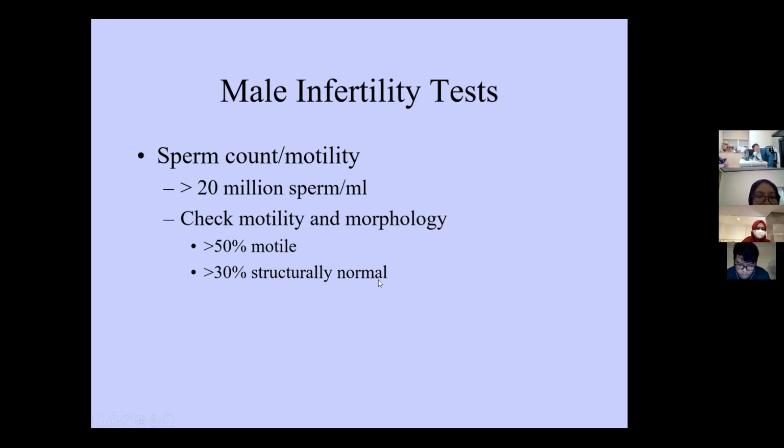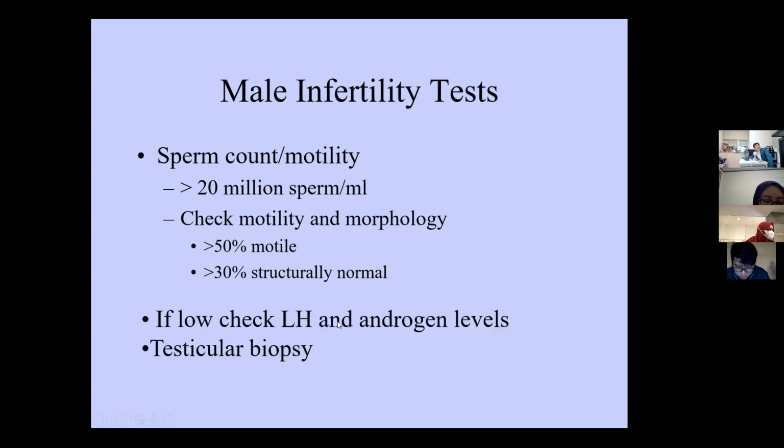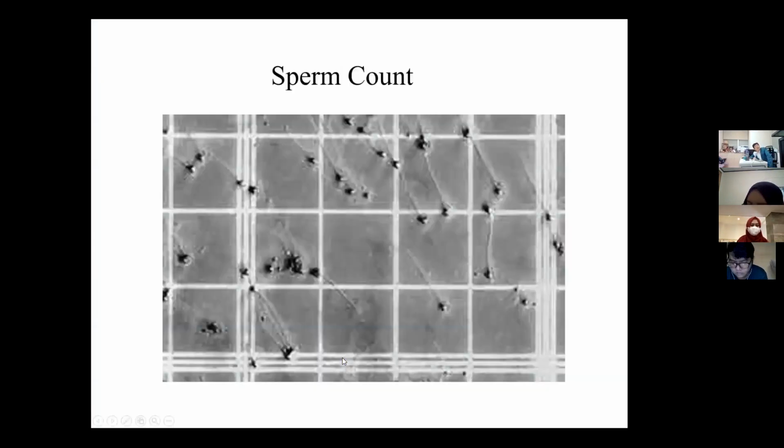So you know the standard is easy to meet because we have so many sperm. And then we check the LH and androgen level, and sometimes if it's not good, we can do a testicular biopsy to see if there is any sperm formation there.